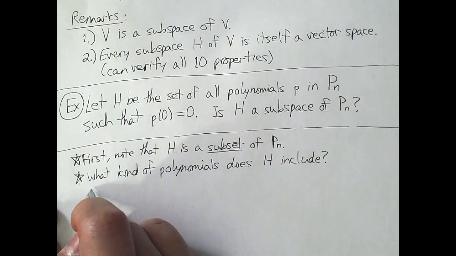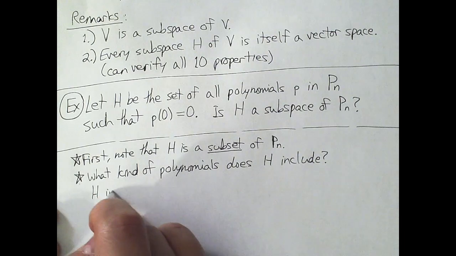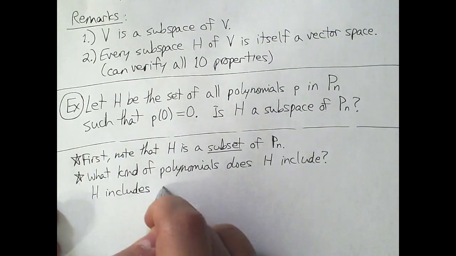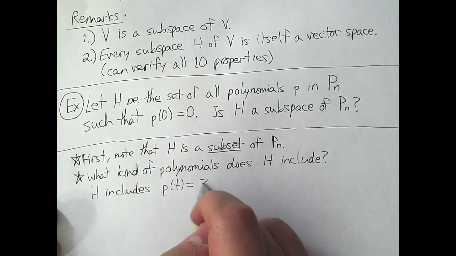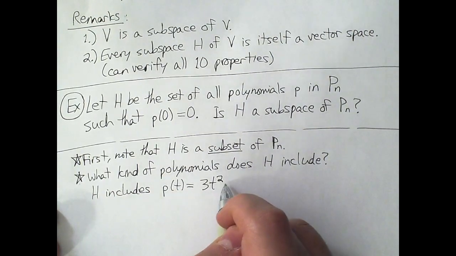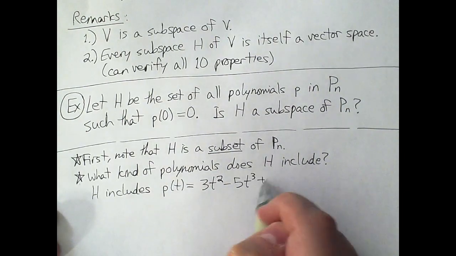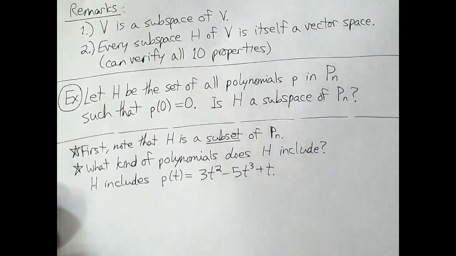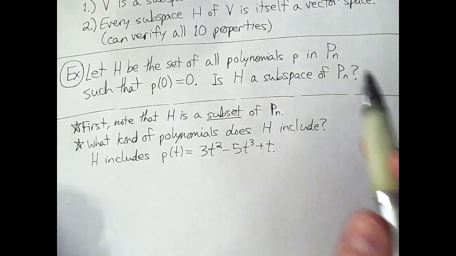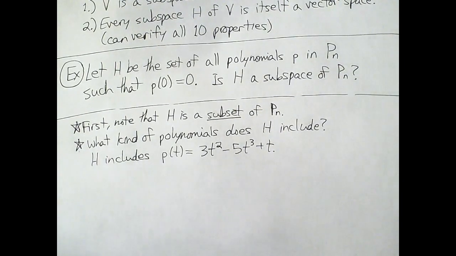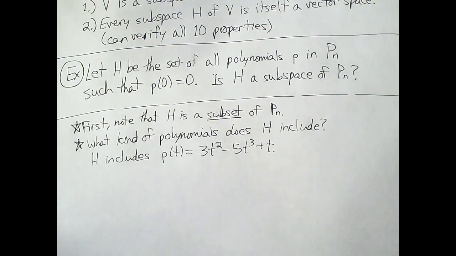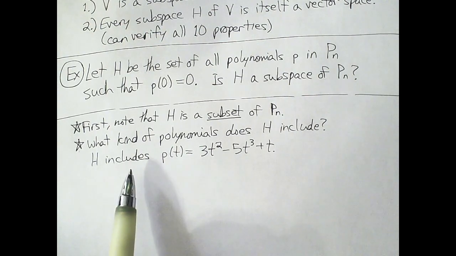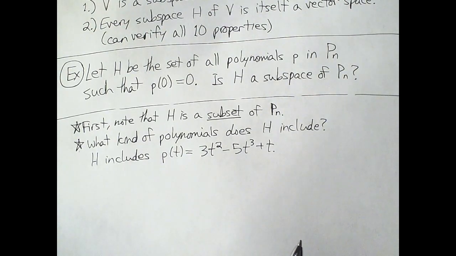How about H includes, I'm just going to give an example of one, 3t squared minus 5t cubed plus t. Can you see that that is in H? I'm assuming that n is 3 or more, so suppose n is 4, 5, 6, something like that.